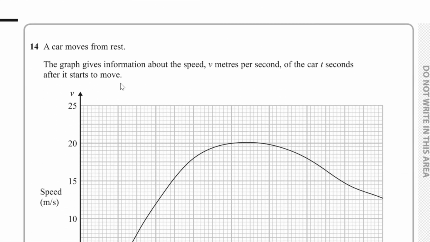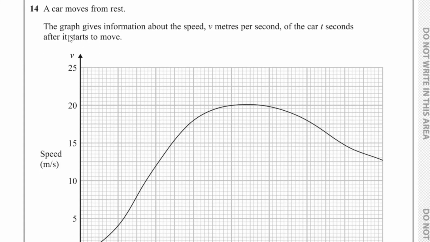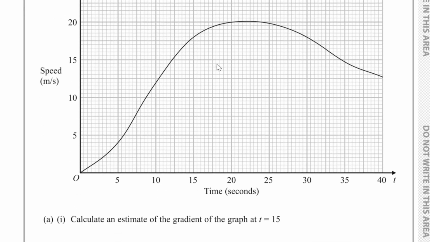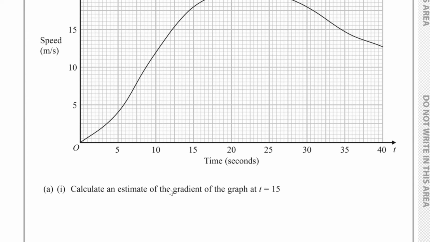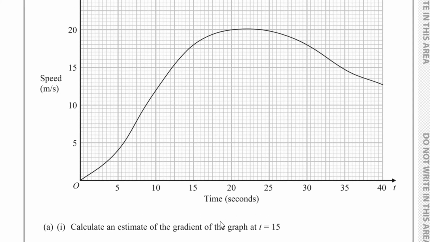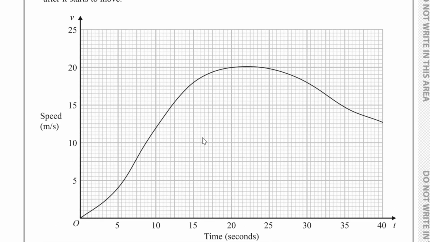Question 14. A car moves from rest and the graph gives information about the speed v meters per second of the car t seconds after it starts to move, and we have to calculate an estimate of the gradient of the graph at t equals 15. So over here we have to draw a tangent when t equals 15.